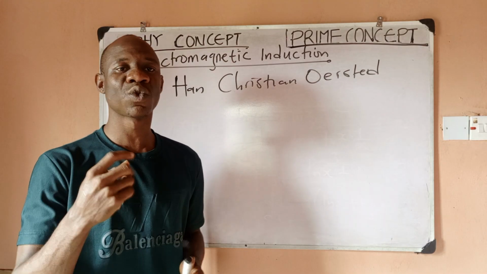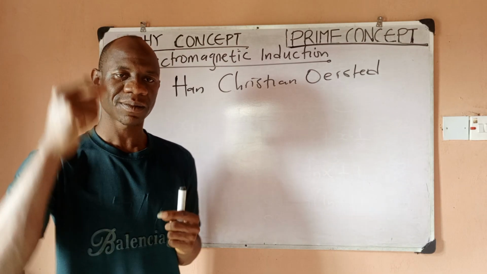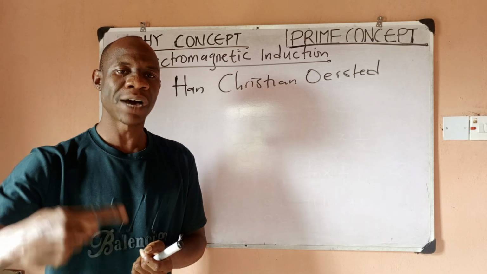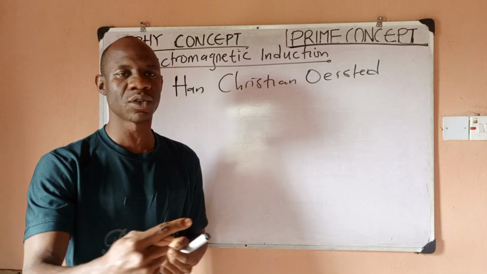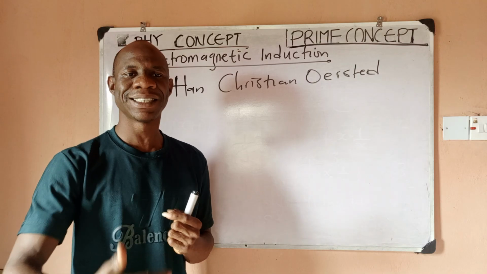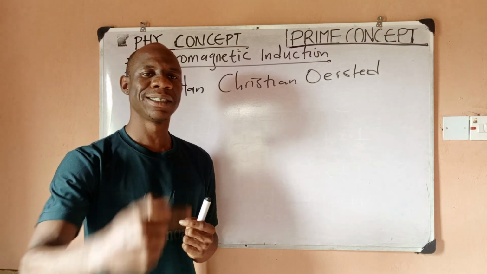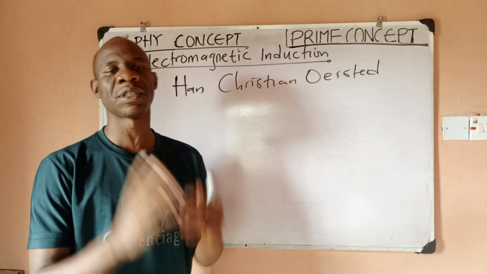That experiment quickly brought to his notice that whenever you allow current to flow through a conductor, that flowing current creates a magnetic field around the conductor.